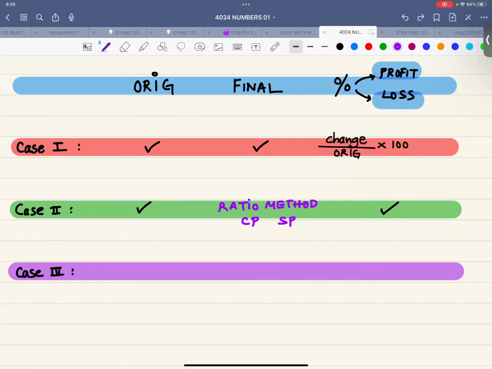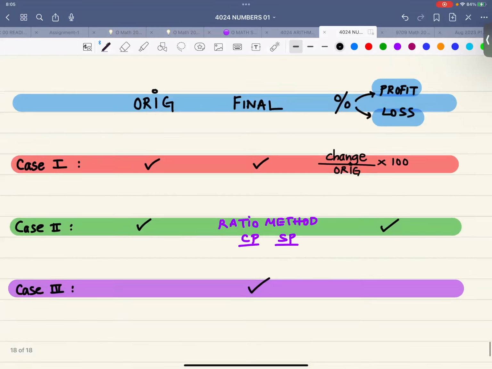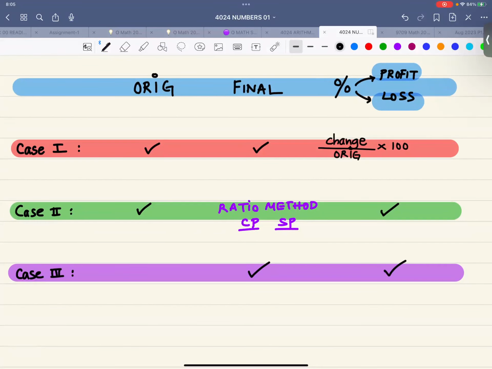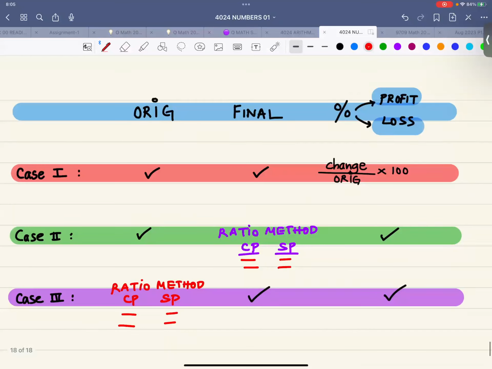And in case number 3, we have the original is not given, the final is given, the percentage is given, and then we have to find this thing. So this is also the ratio method. That is a column for cost price, selling price. We have these values and then we work it out. That's how this is to be done. So that is the final analysis of this chapter.